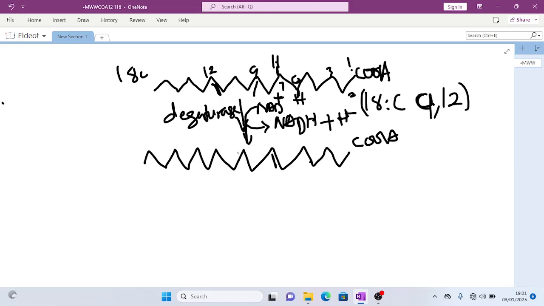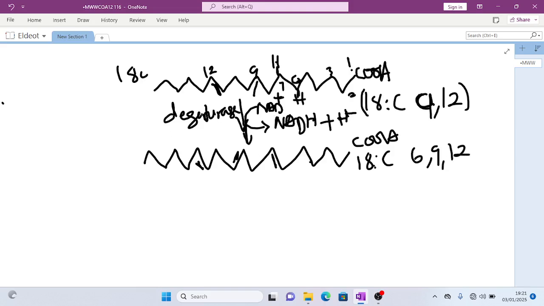There's an unsaturation on 9. And there's an unsaturation on carbon 12. So this is a new organic compound now, which has 3 double bonds, which are seen on carbon 6, 9 and 12.